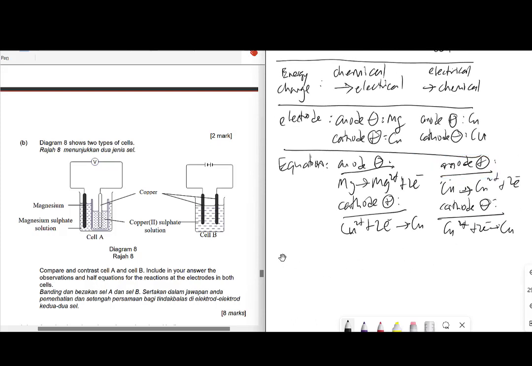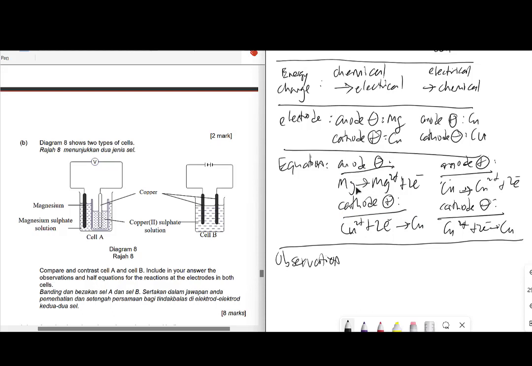Next, they also want observations. So the last point you can comment on is the observations. Now what happened at the anode? So you just write the same thing again.